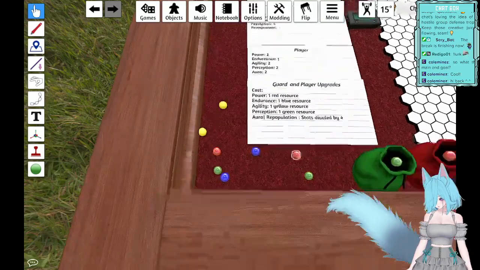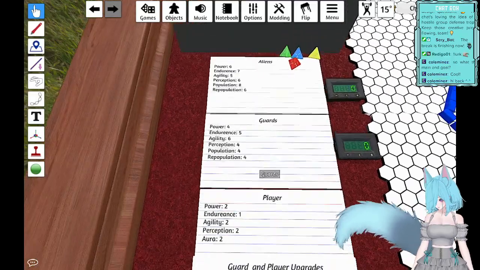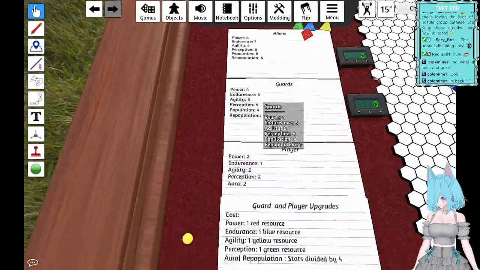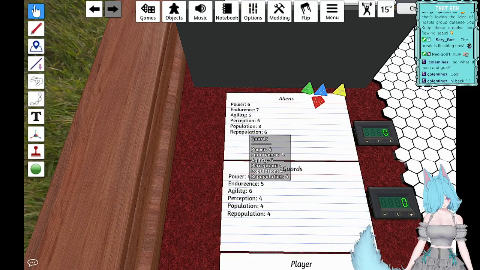Don't we? How much do we want to give? We need the kills, though. We need the kills.